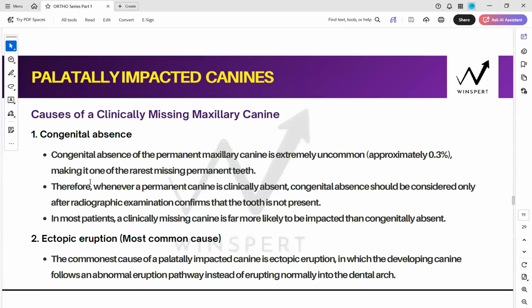So it took an abnormal, ectopic eruption pathway. This concept is clear for everyone. This is an examination concept. So the most important reason for a palatally impacted canine is an ectopic eruption pathway. When it started erupting, it took an abnormal eruption pathway.